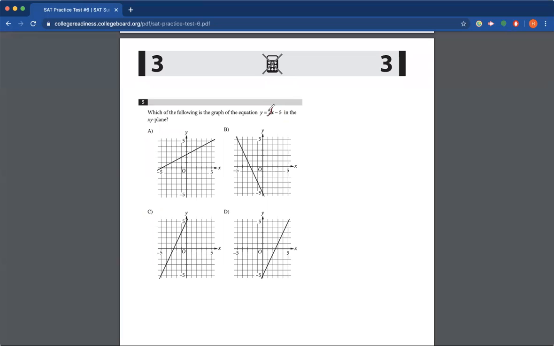If it goes downwards, that's a negative slope, and if it goes upwards, that's a positive slope. So this is going to be the answer. You first check the intercept. This doesn't have an intercept at -5, and this doesn't either. This has a negative slope, and this is the only one with a positive slope.